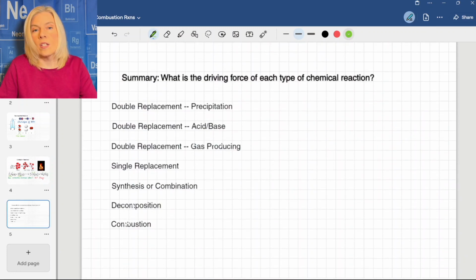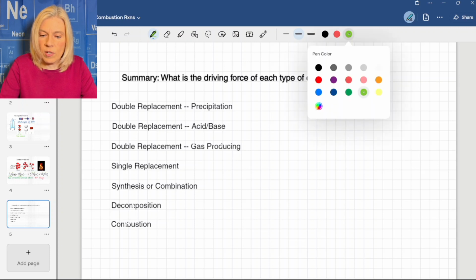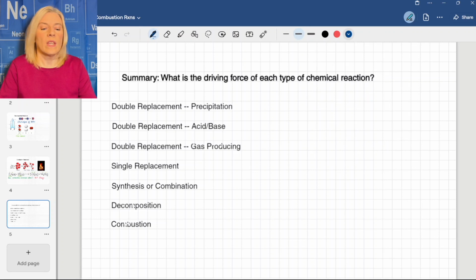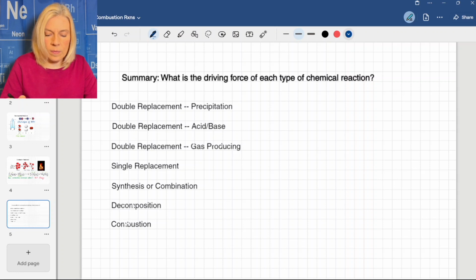So I think we should summarize quickly what we learned about all these chemical reactions and what is the driving force for them. So we have double replacement reactions, and there were 3 kinds. Do you remember? Some of them were producing a precipitate, some were acid-base, which produced water, and some were producing gas. So double replacement reactions for precipitate was formation of a solid.